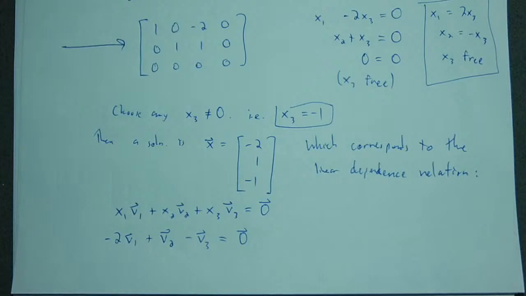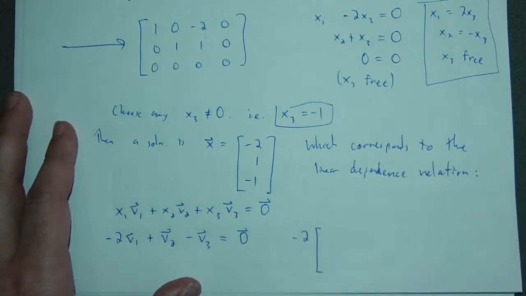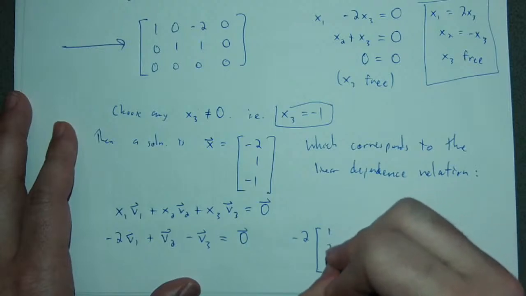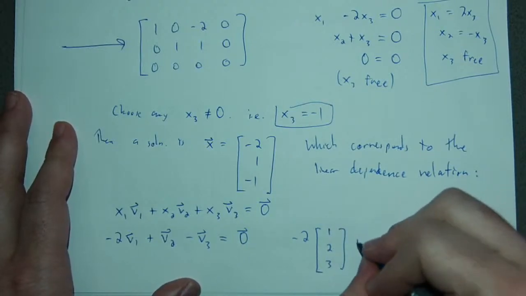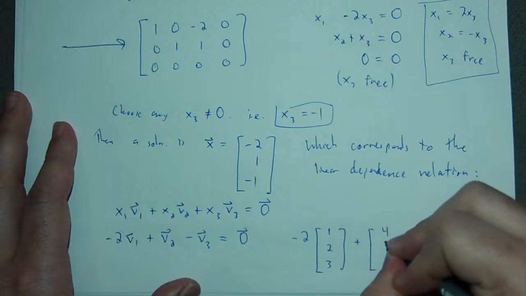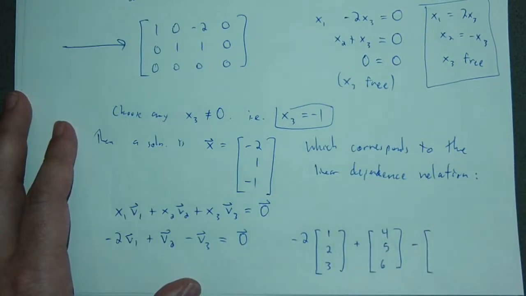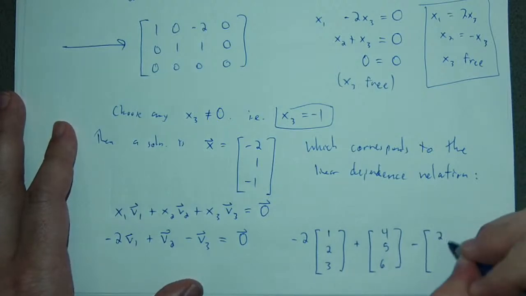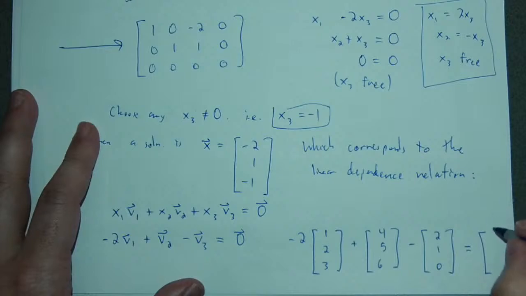Remembering what v sub 1, v sub 2, and v sub 3 are, you can check that this is the case. This is minus 2 times the vector v sub 1, which is 1, 2, 3, plus v sub 2, which is 4, 5, 6, minus v sub 3, which is 2, 1, 0. And this should be equal to the 0 vector, which is 0, 0, 0.